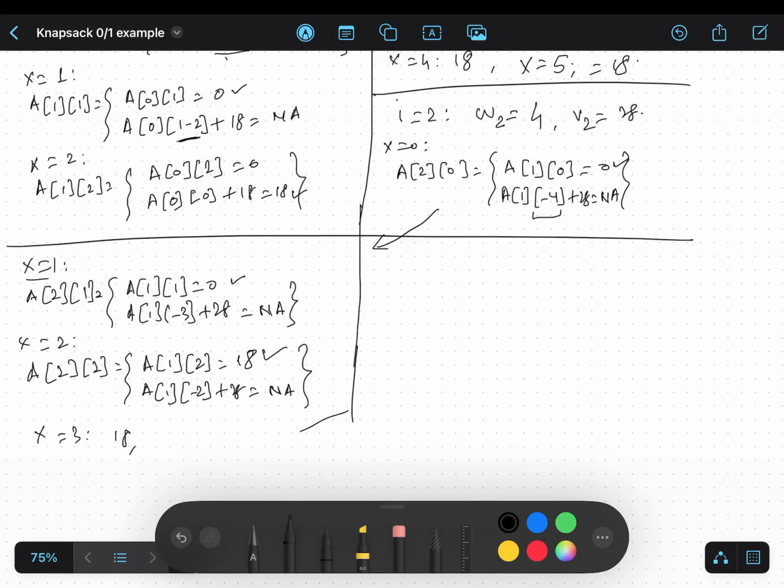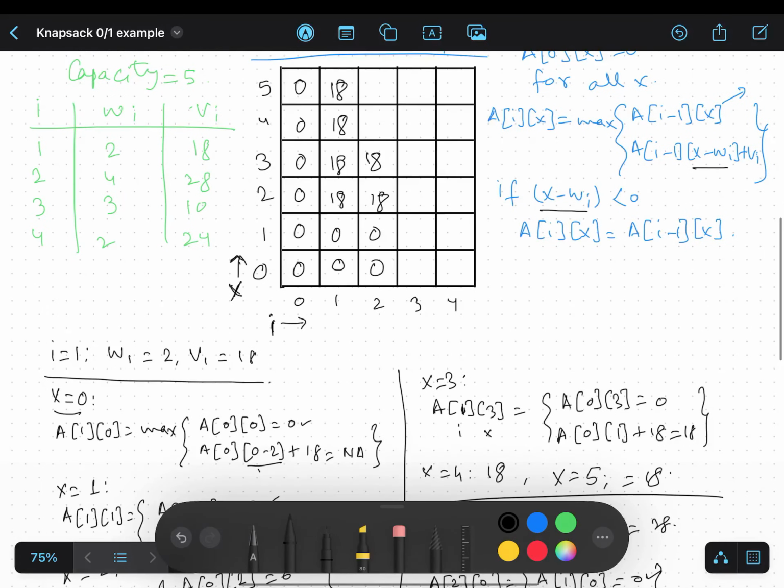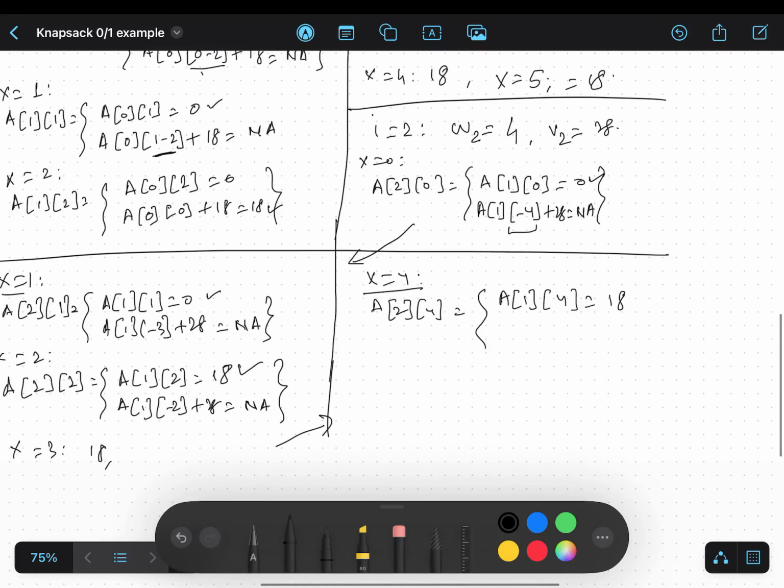So from here to here, x is equal to 4, A2 4, A(i-1) is 1 and x is 4, A1 4 is 18, so we say 18, and then A(i-1) is 1 and x is 4 minus w2 is 4, which is 0, plus 28.